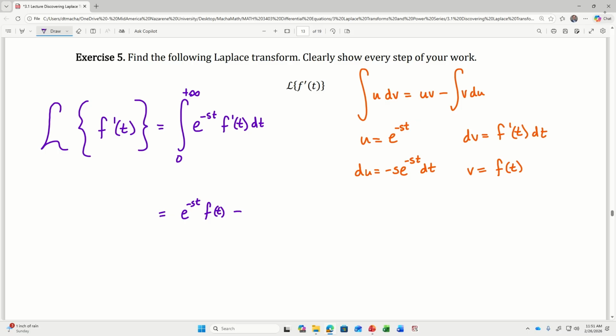Two negatives make a positive, and I get the antiderivative of f of t times s e to the negative st.